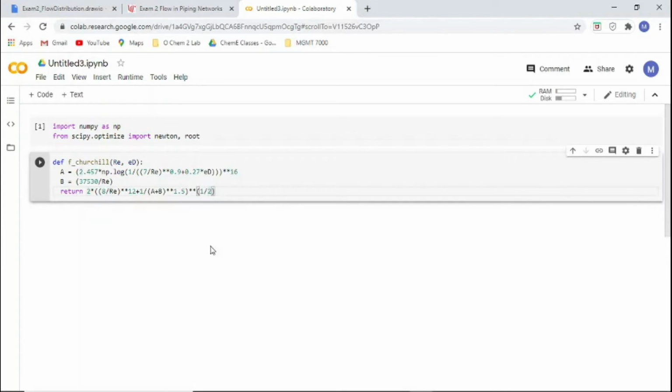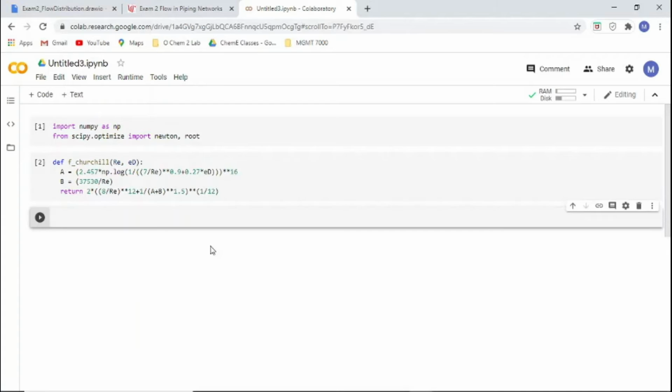I'm sorry, that should be 1/12, not 1/2. And shift enter. Now our function is in there.